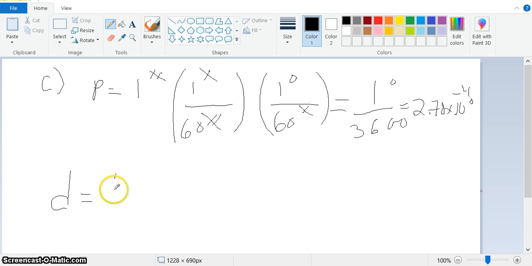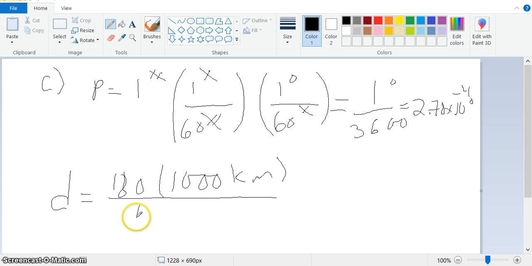So let's finally do this one. The distance is going to equal 180 times our baseline, which was very consistent for this particular problem, 1,000 kilometers, divided by pi, and then divided by 1 arc second. But that arc second has to be changed into decimal form, so that would be 2.78 times 10 to the minus 4th.